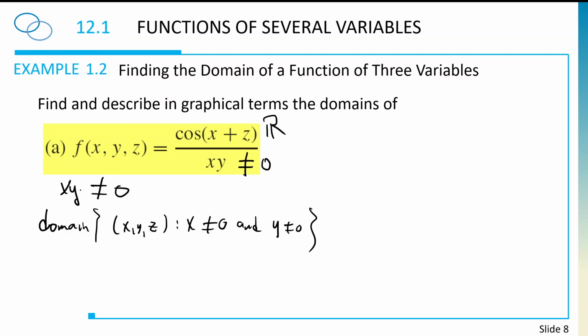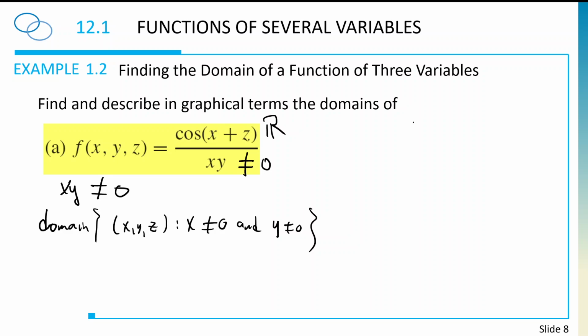Right? If the multiplication does not equal 0, then both of them shouldn't be equal to 0. x can't be equal to 0 and y can't be equal to 0. If any of them is equal to 0, then their multiplication will be 0. Remember the zero property?